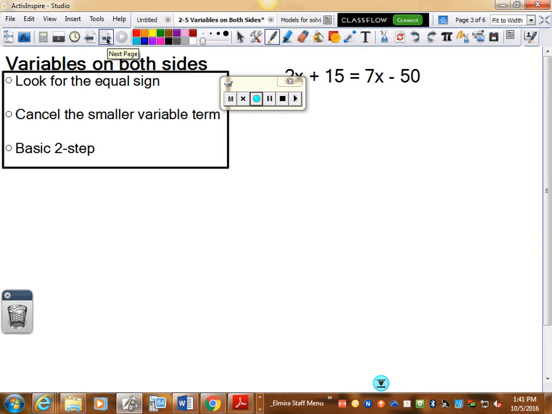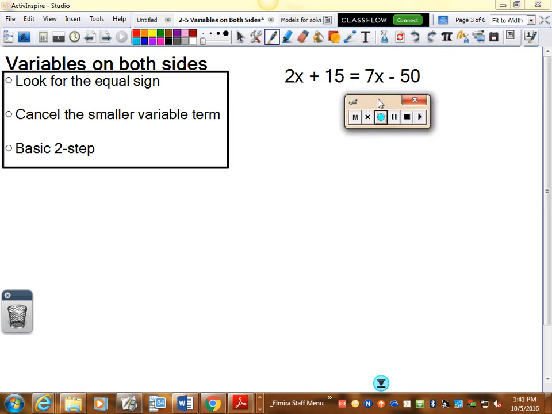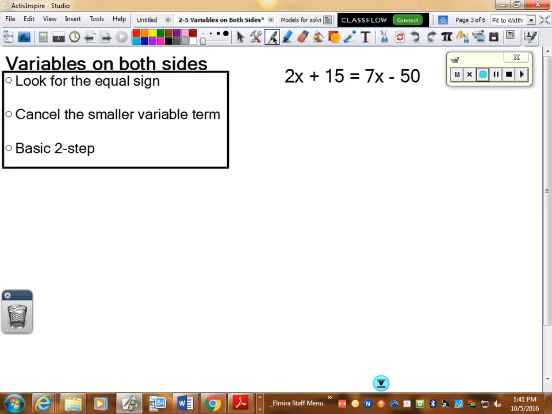Okay, variables on both sides. So look for that equal sign. That's going to help you to know whether it's a variables on both sides problem or not. Then I see that there's a variable term on each side. My variable terms are my warriors, 2x and 7x. Sadly, 2x is the weaker, the smaller one, and it is going to get taken out.